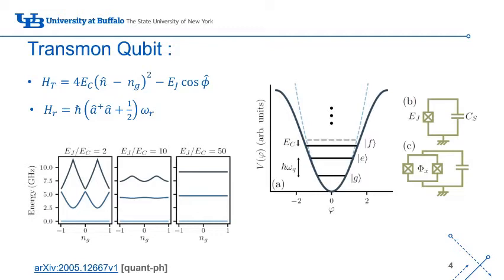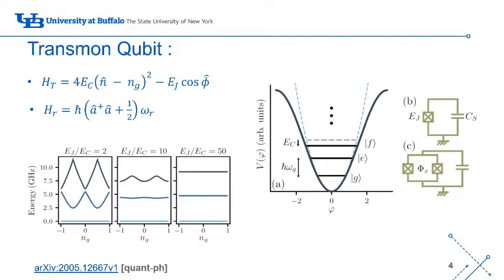In terms of the equation, the Hamiltonian of the transmon qubit is given as 4E_C (n̂ − n_g)² plus a second term. Here n̂ is the charge operator, which tells us how much charge is on the island of our Josephson junction, and n_g is basically a noise charge, or we can say a gate charge, coming because it is connected to other capacitors. The second term in H_T is −E_J cos φ, which is the potential due to the Josephson junction.